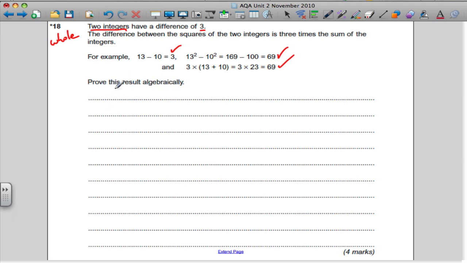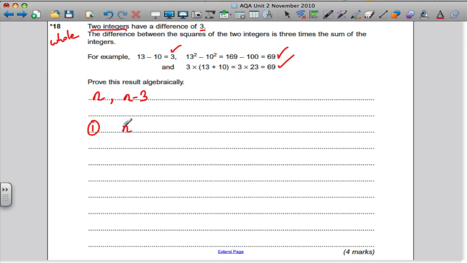So pick two numbers with a difference of 3. Why don't we pick the number n and the number n minus 3? They certainly have a difference of 3. If you take them away from each other, you get 3. So there are two numbers. Okay, let's do the first bit. Let's square them and take them away from each other.